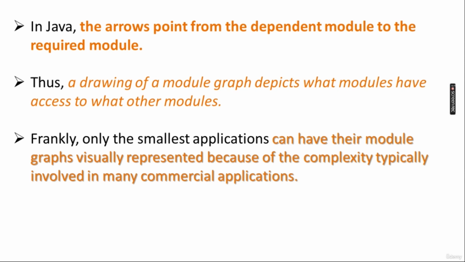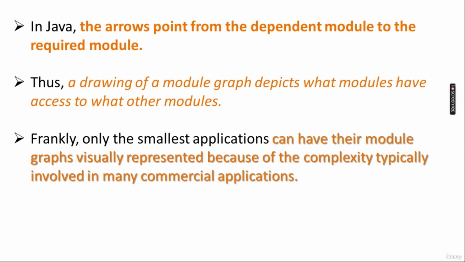Okay, only the smallest applications can have their modules visually represented, because of the complexity typically involved in many commercial applications. Okay, so commercial applications, or applications that generate revenue, real world applications, have many complex module structures. So in that case, we cannot typically represent it in a graph.